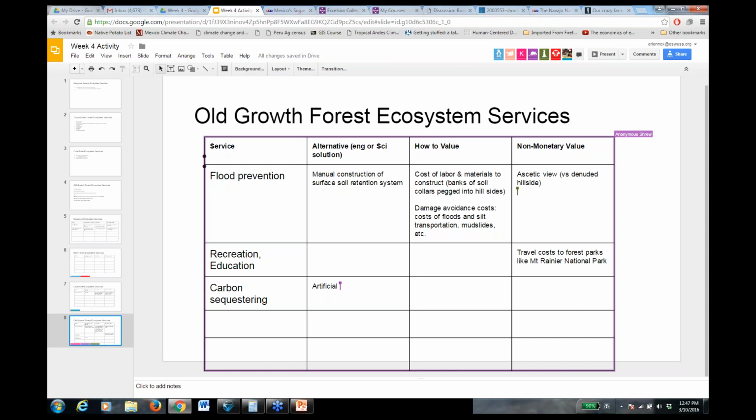You could also calculate using damage avoidance costs. So if all the trees were gone and you had a flood or mudslide, what would be the cost of that damage? And non-monetary value, good one here: again, aesthetic view. A forest looks nicer than a denuded hillside would look.